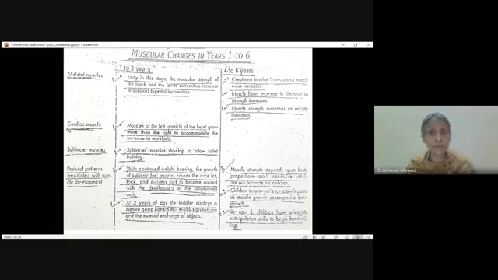But what ensures that the baby is able to do all those things is the increase in the strength of the trunk and the muscles of the lower extremities. Now, if we look at the cardiac muscle at this age group, obviously the baby has grown, so there is going to be more workload on the heart.